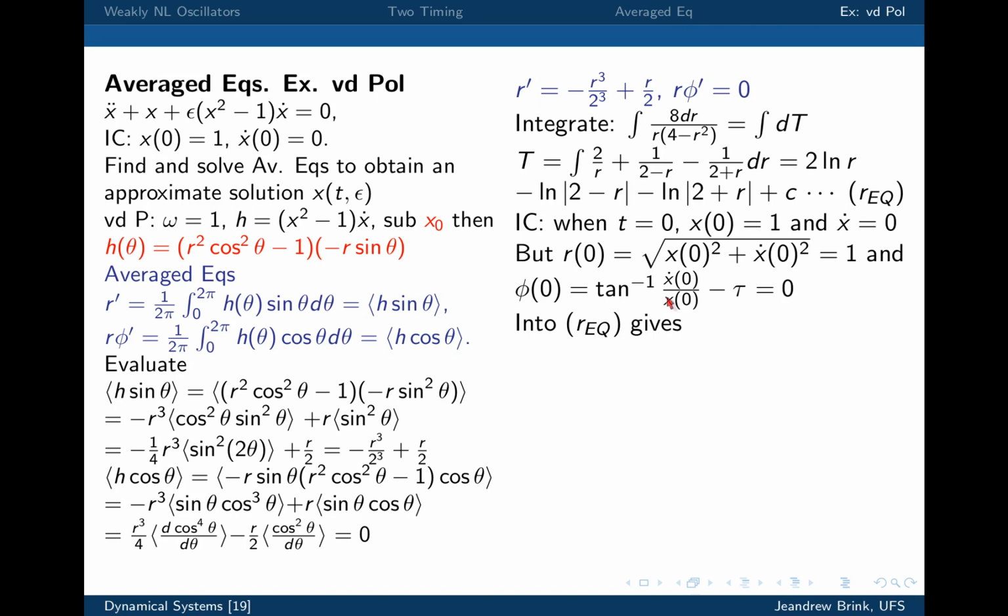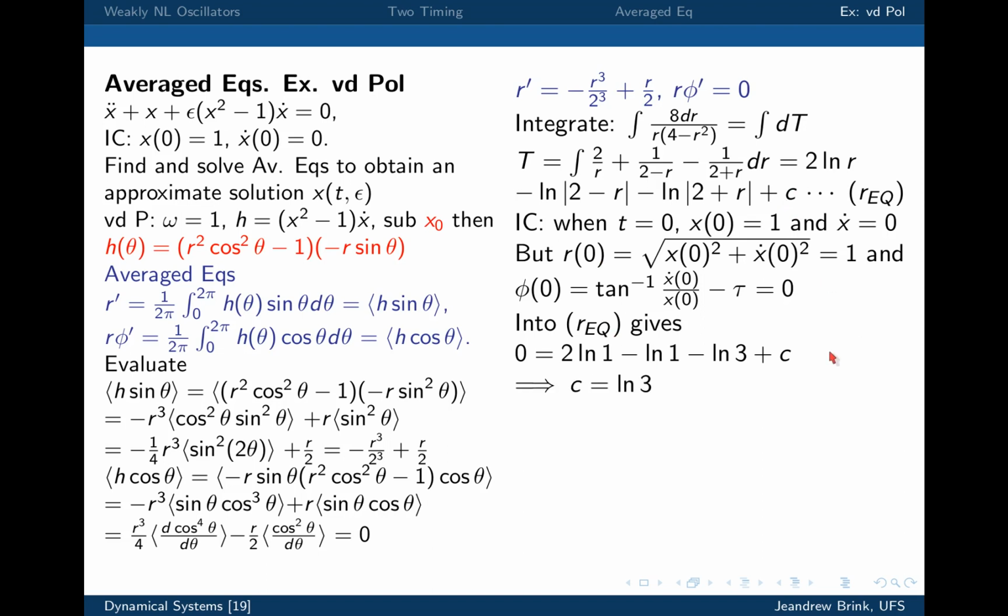So you put these assumptions back into this equation, and at t equals 0 you have that r of 0 is 1. So you get an expression for this integration constant.